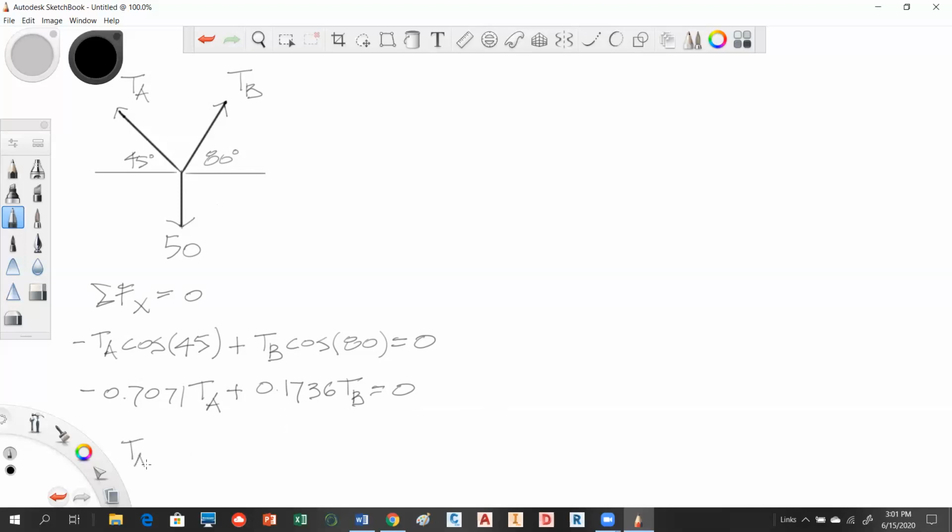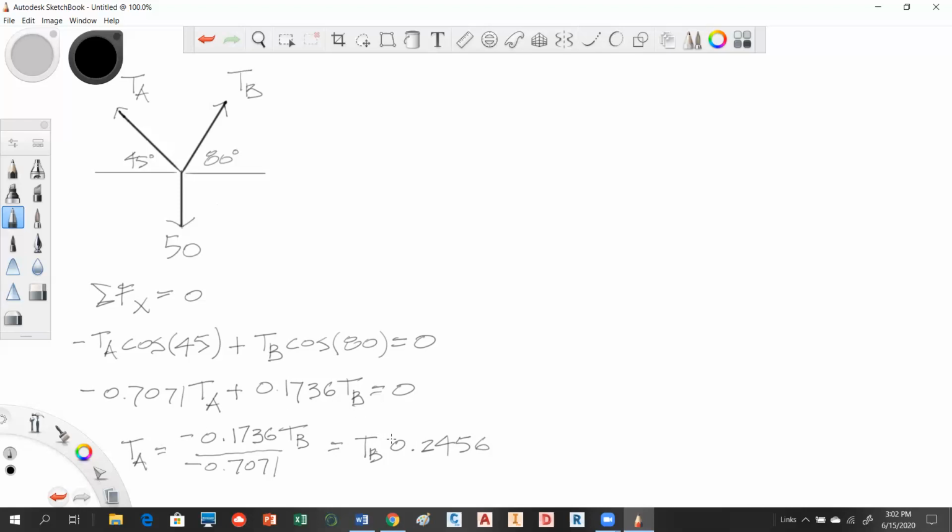So we're going to have tension A is minus 0.1736 tension B divided by a minus 0.7071 tells us that tension A is 0.2456 tension B. So essentially you're saying it's about 25% of tension B.